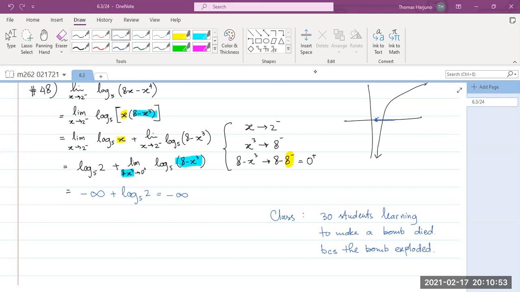He posted it on his page, and he asked that question: what should the students get? They bombed the test. But they are taking a class where the bomb is supposed to explode. But they bombed the test. So are they supposed to get an A or an F?